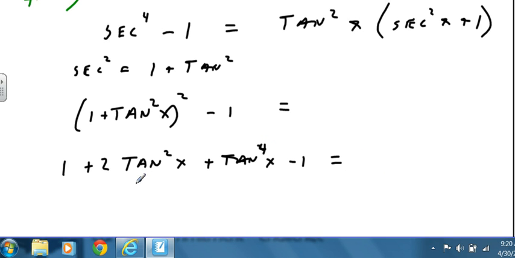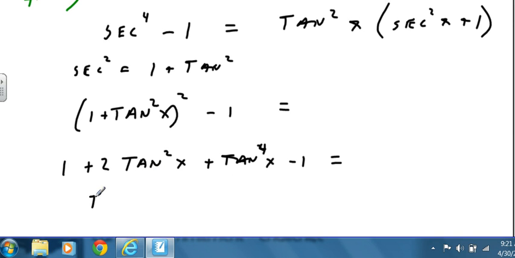Okay, so now I've got 1 and a minus 1. So I got a 2 tangent squared x. That's a plus sign. Doesn't look like a plus sign, does it? Plus tangent to the 4th x. I'm going to factor out a tangent squared x.